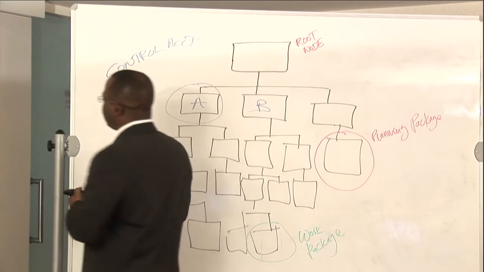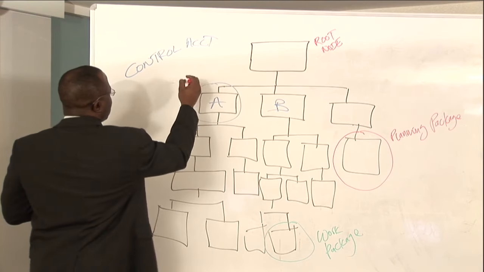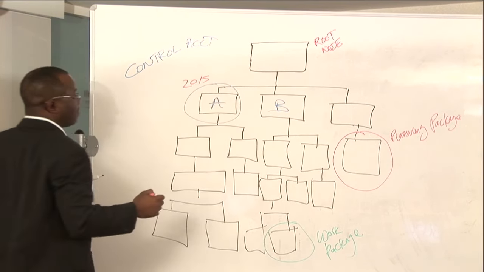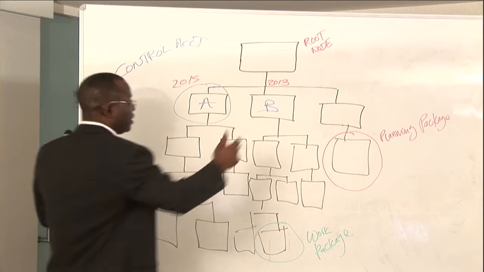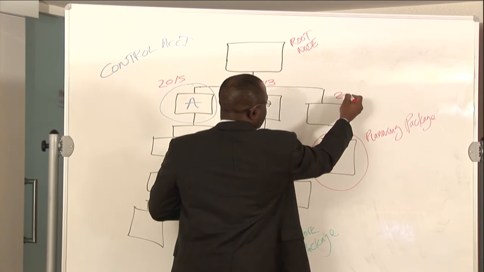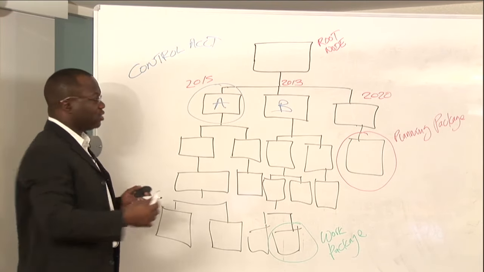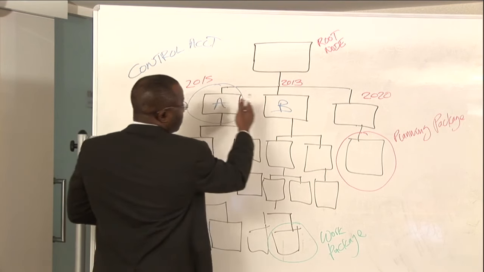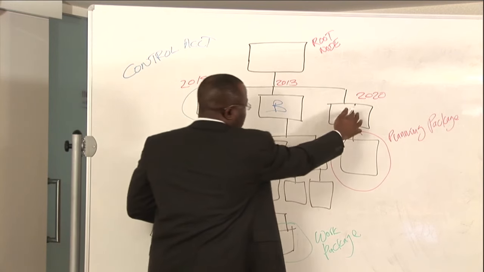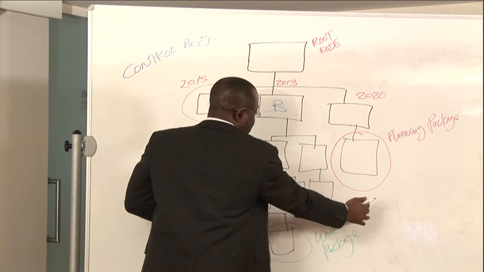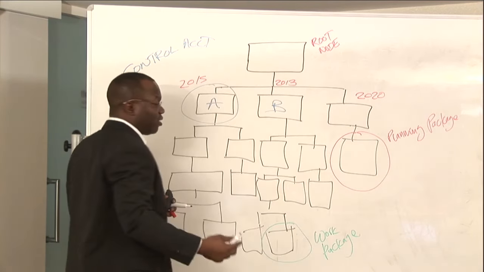So, for example, if we are working on a project, and this is taking place in the year 2015, this is taking place in the year 2013, this is taking place in 2020. We could use progressive elaboration to progressively elaborate on this and also this, which means we may not decompose this planning package in totality until we begin to move towards 2020, maybe 1 year out or 2 years out.